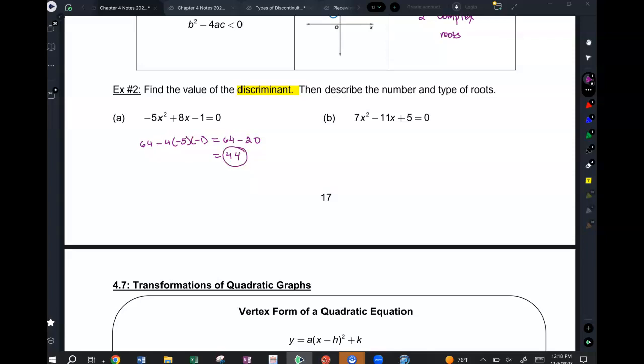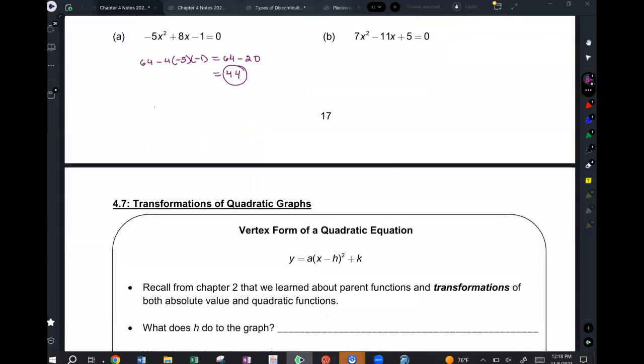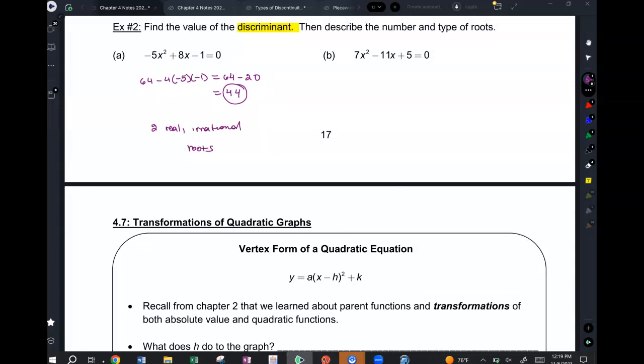Then describe the number and type of roots. Okay, so it's positive, which means 2 real, right? Is it a perfect square? No. So it's 2 real irrational roots.